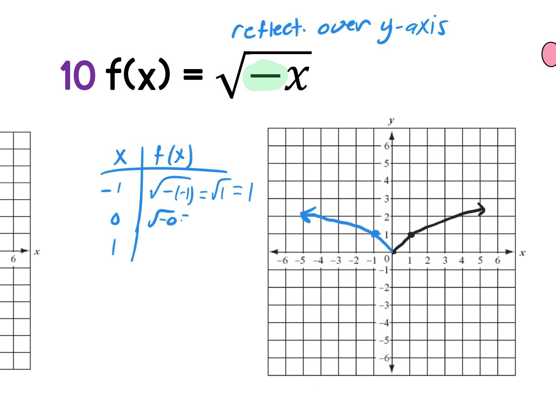Square root of -0 is just the square root of 0, which is 0. We end up at this point right here. But if we take the square root of -1, what is this? i. This is i. Nowhere on this xy plane can we fit an imaginary number, so this one's out and we end right here. And then again, if we know that this is a square root function, we know what it looks like, these 2 points should be enough. We can fill in the rest.